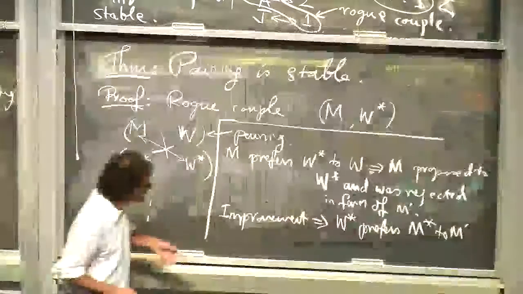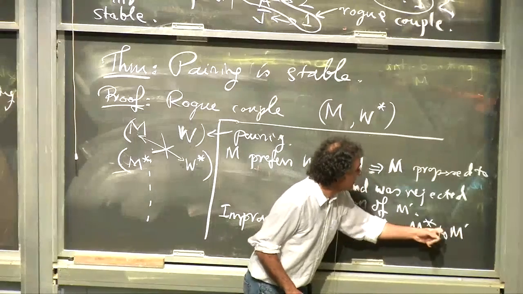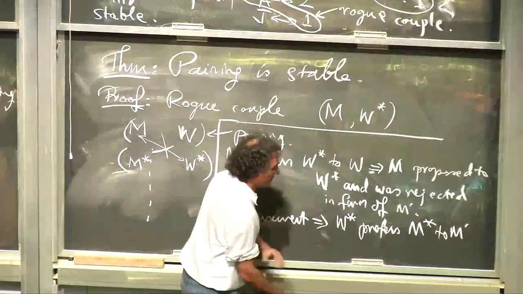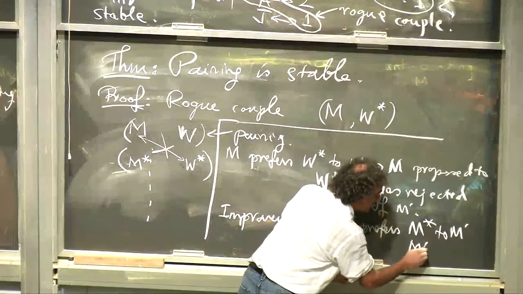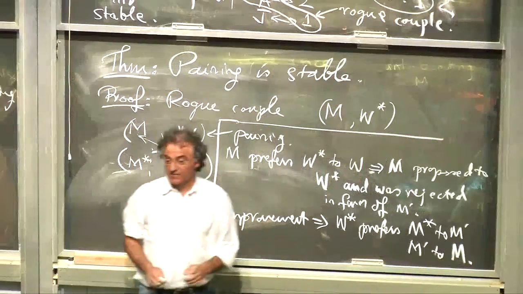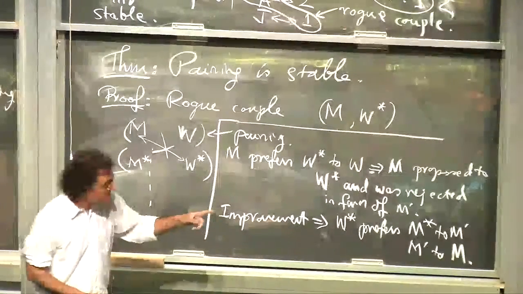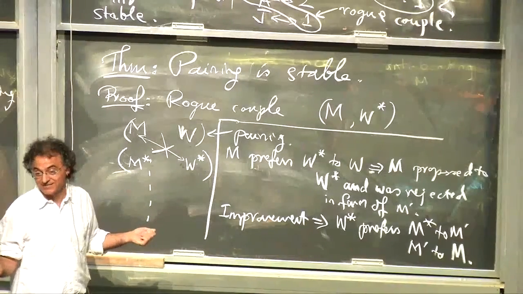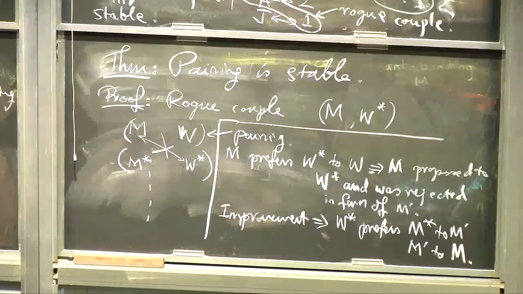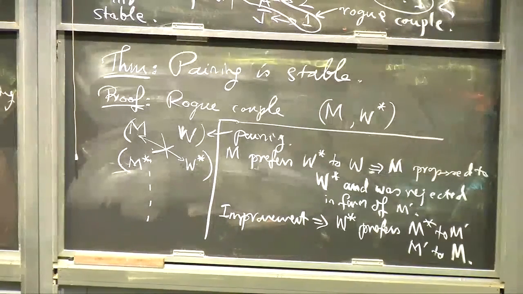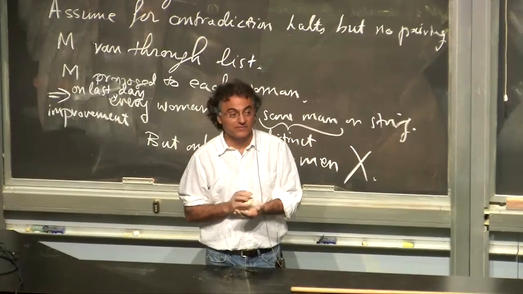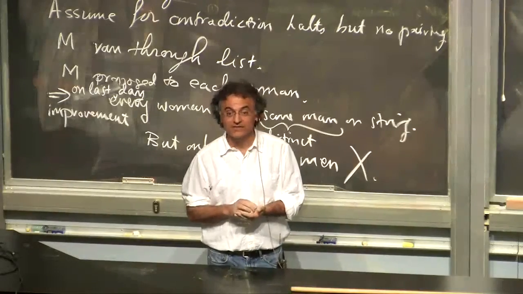So now W star prefers M star to M prime, but W star also prefers M prime to M. So W star prefers M star to M. So no rogue couple, contradiction.